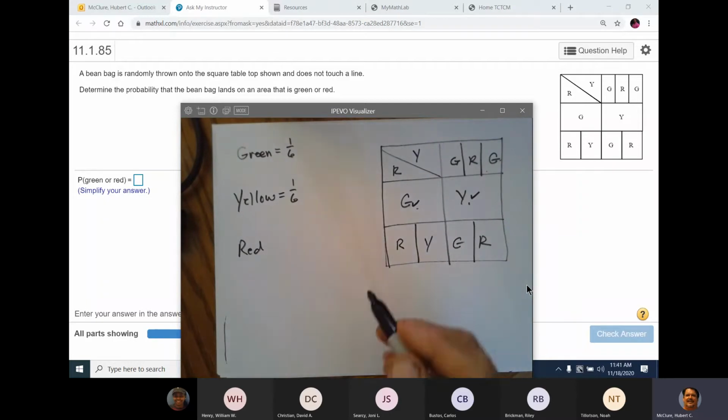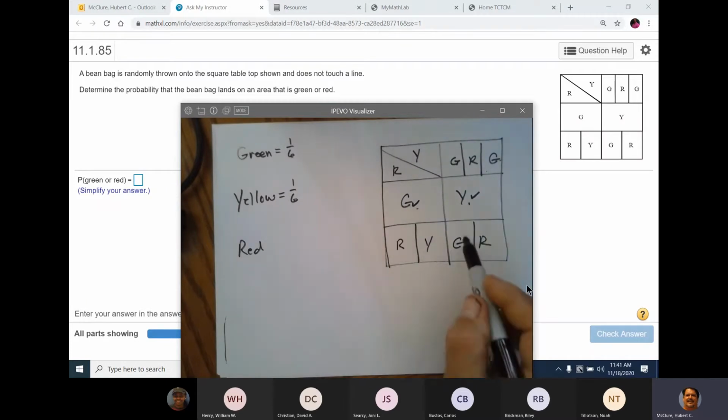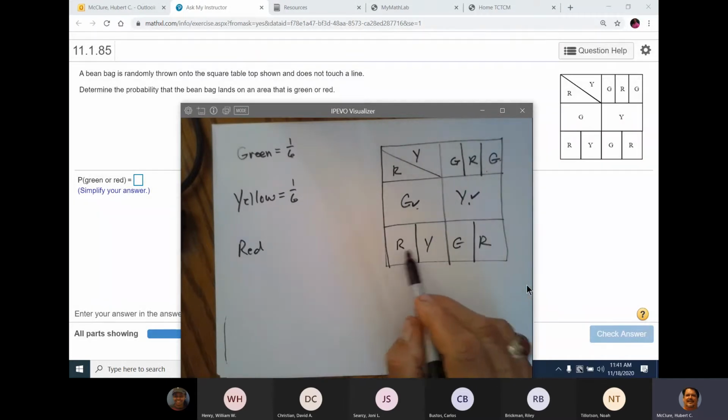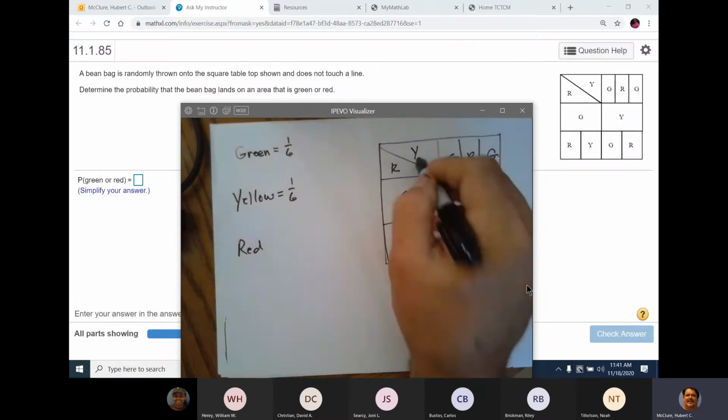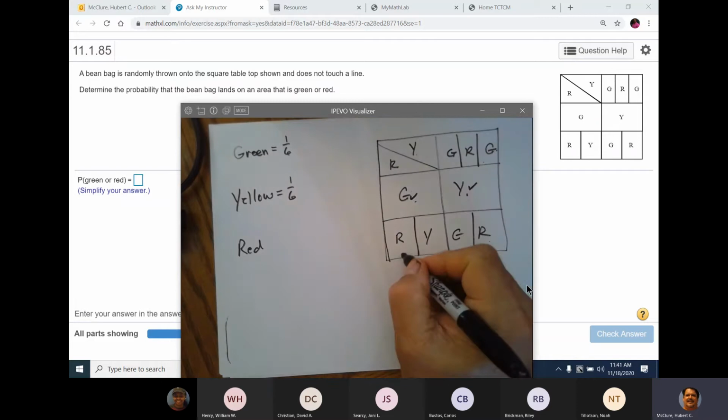Now, the next one, let's go with these. How many are in the whole thing? There's 12. 1, 2, 3, 4 times 3 is 12. So these are going to be 12s.